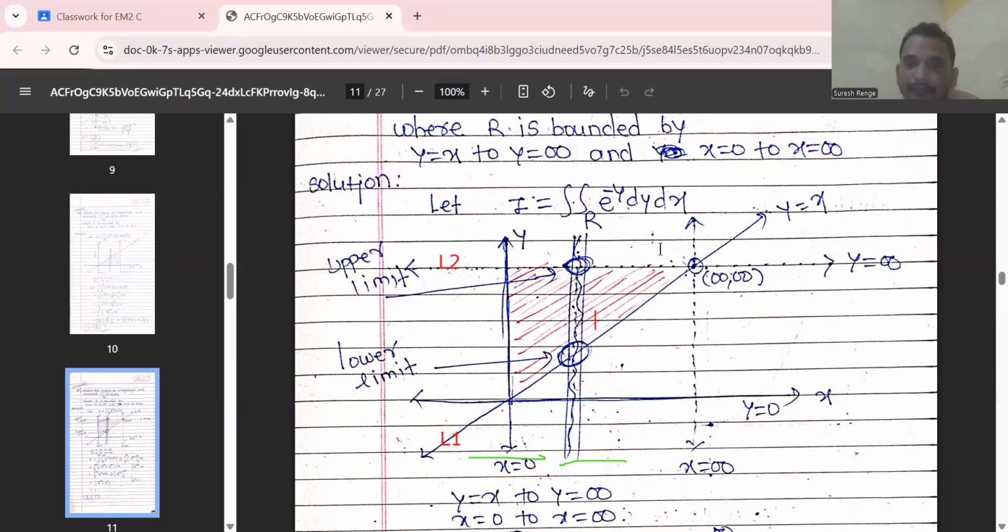Now the next, x is equal to 0. X is equal to 0 means y-axis.